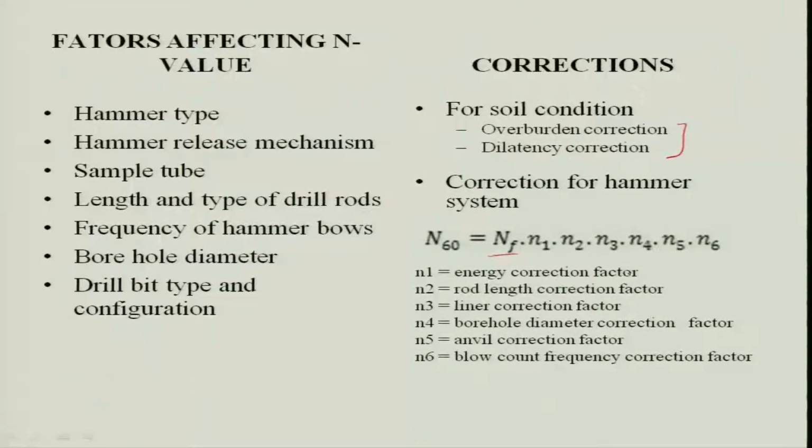N1 is the energy correction factor, N2 is the rod length correction factor, N3 is the liner correction factor, N4 is the borehole diameter correction factor, N5 is the anvil correction factor, and N6 is the blow count frequency correction factor. All these corrections have to be applied before reporting your N value, which should be N corrected.